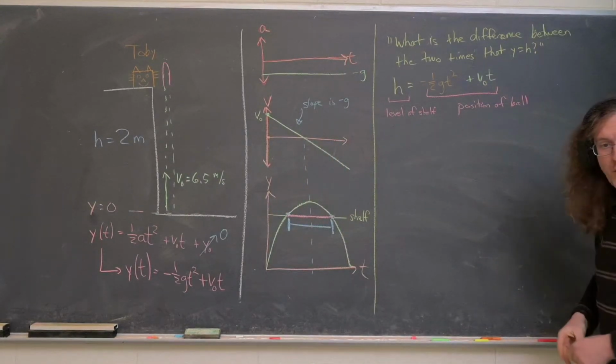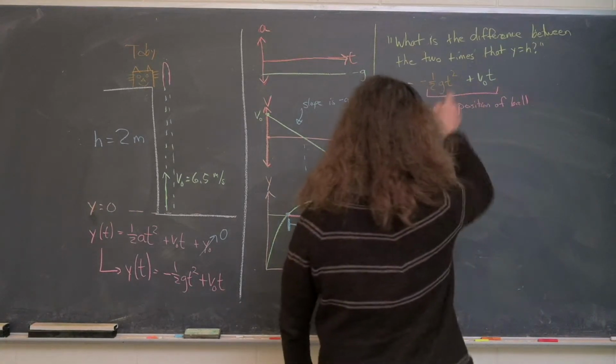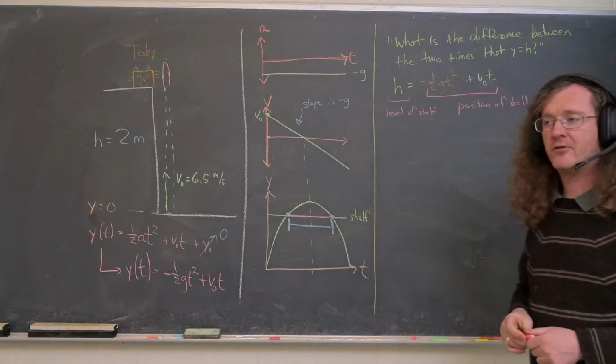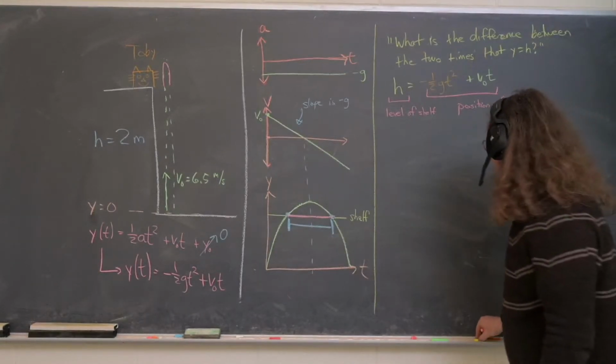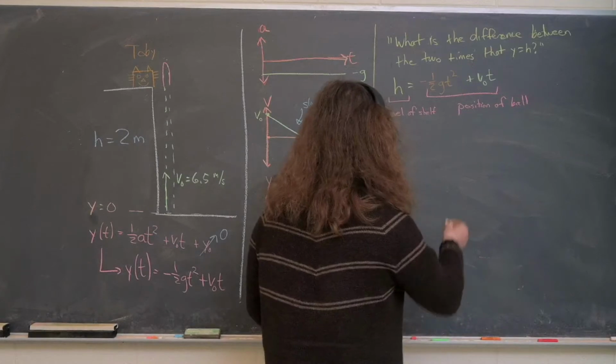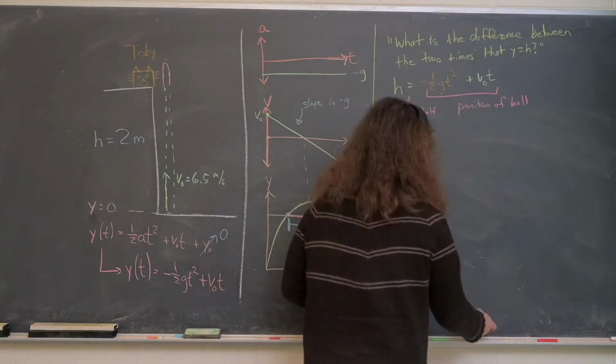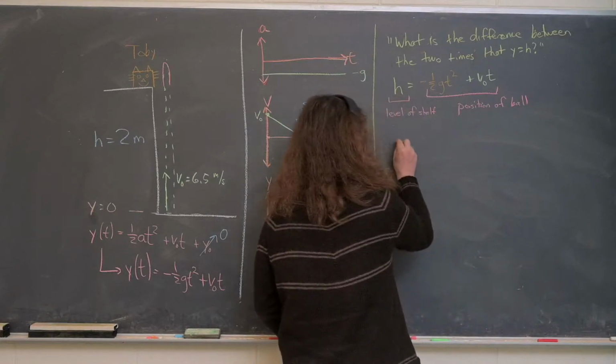This is a quadratic equation. Quadratic equations have 2 roots. So let's solve this equation. We do quadratics by putting everything on one side, setting the equation equal to 0. So I'm going to put everything on the left-hand side. I'm going to color code again.